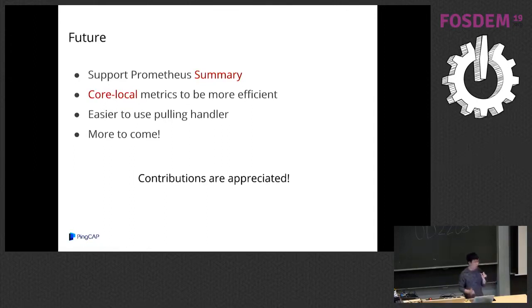And that's why we introduced core local metrics. We are investigating this approach. This core local metrics is also implemented using atomic variables, but it can avoid some cache contention. So in practice, it will be faster. But we are free to discuss some other implementations. We always want it to be very fast. Thank you.